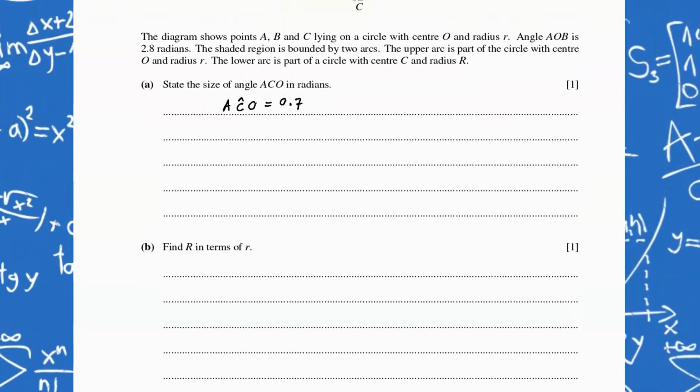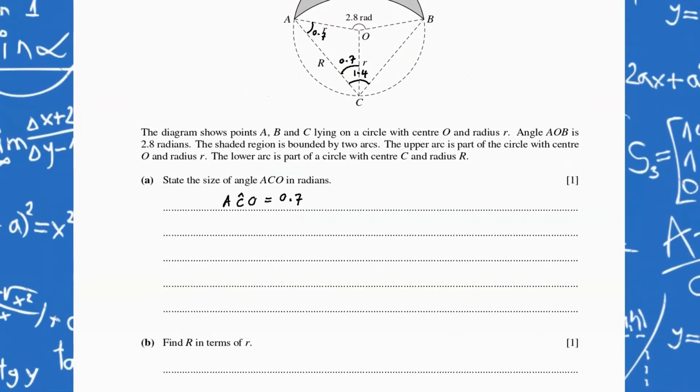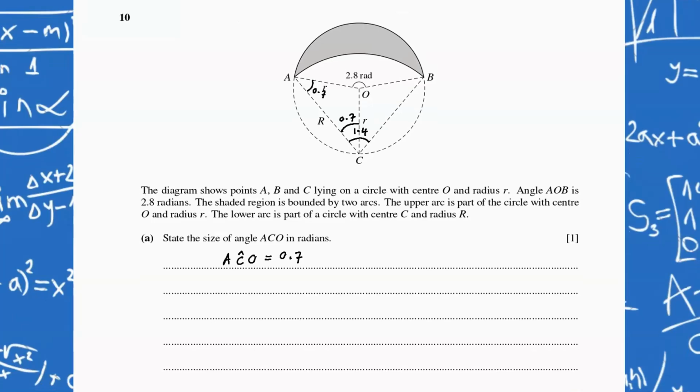Let's go on to part B, which says find capital R in terms of small r. Okay, right, so let's consider this triangle here for that. So we want to consider this triangle here. If you look at this triangle that I've just drawn, you can see that we can actually draw a perpendicular.